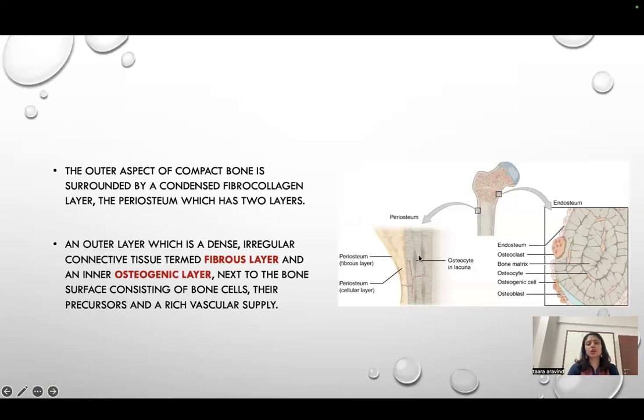So if you take a compact bone, the outer aspect of the compact bone is surrounded by a condensed fibrocollagen layer, and it is known as the periosteum. This periosteum has two layers: an outer layer which is dense irregular connective tissue, known as the fibrous layer of the periosteum, and an inner osteogenic or cellular layer forming the inner layer of the periosteum.